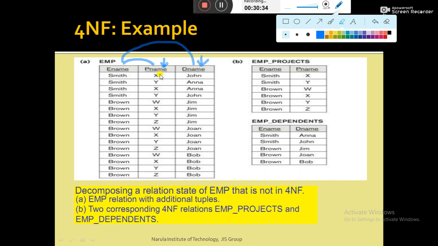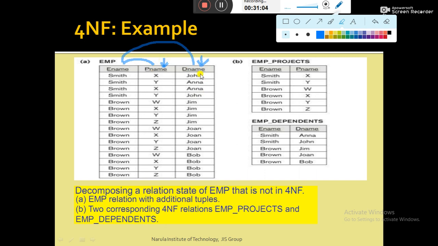Let's check. For a particular value of pname x, we have dname value John as well as dname value Anna. So for a particular value of x, we have two values of dname, John and Anna. Similarly, for a particular value of y, we have two values, Anna and John. So that means we can say that dname is not functionally dependent on pname.